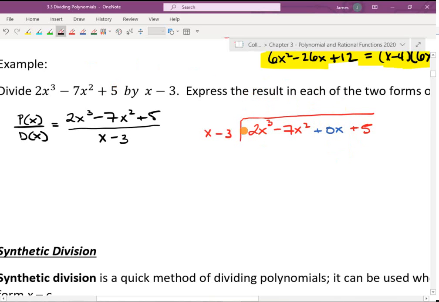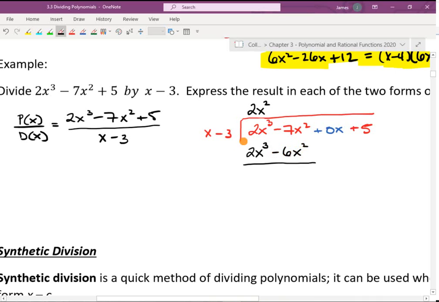So what should I put here to get the ball rolling? What do I multiply x by to get 2x cubed? 2x squared. Remember, that is the same thing as taking 2x cubed divided by x and getting that result, if you prefer to do that division. Now 2x squared times x is 2x cubed. 2x squared times negative 3 is negative 6x squared.